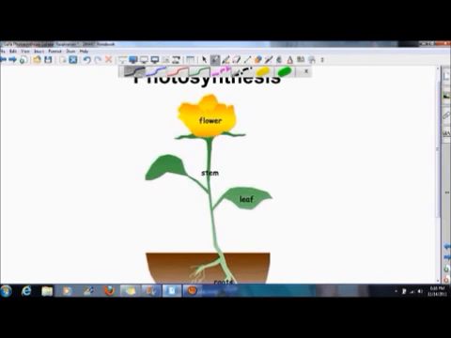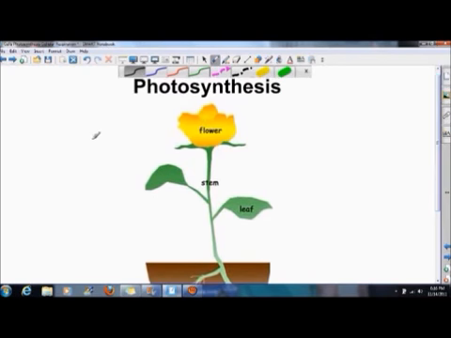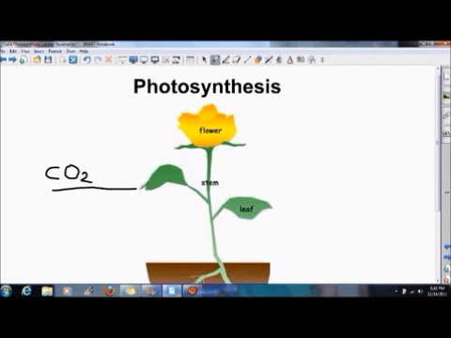Here's what happens. Let's get a couple things drawn here. Remember, during photosynthesis, plants are going to take in carbon dioxide, which, let's just start abbreviating, it's a lot simpler, CO2. So draw some arrows coming in.